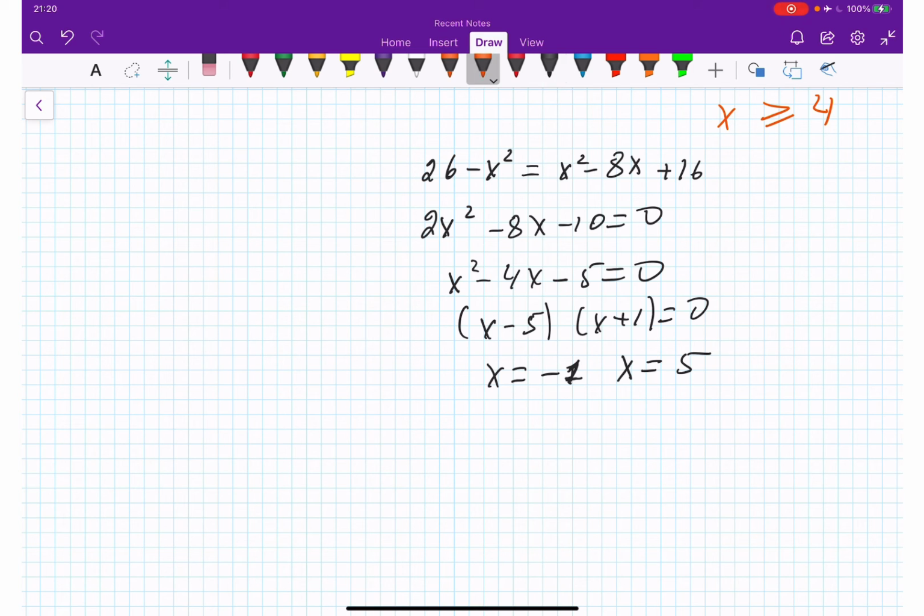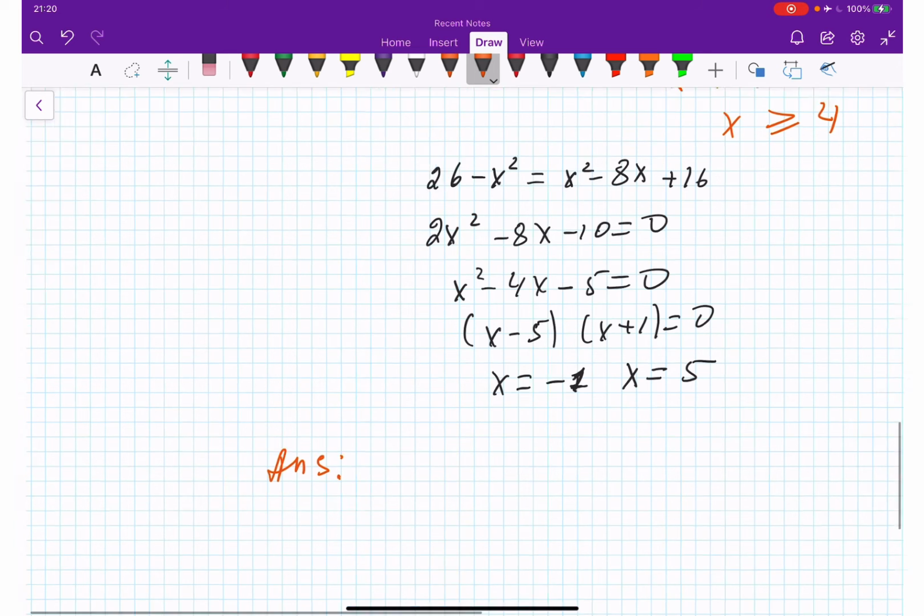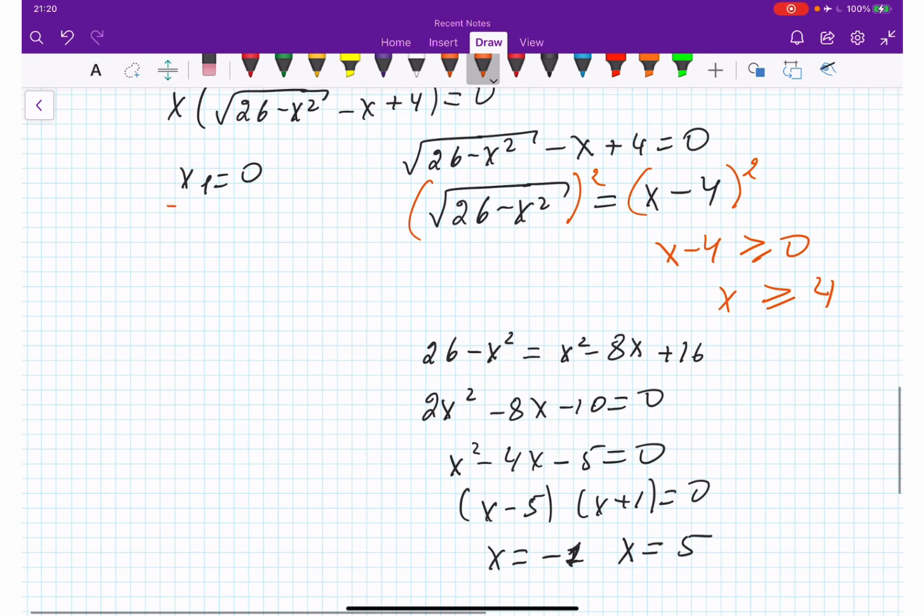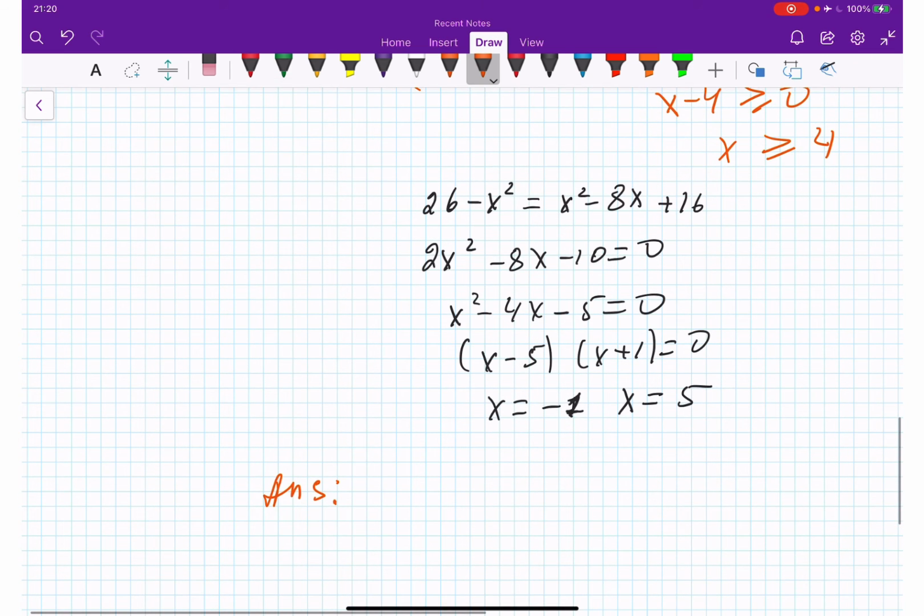Therefore, the answer is going to be x1 equal 0, then x2 is equal negative 1, x3 is equal 5.